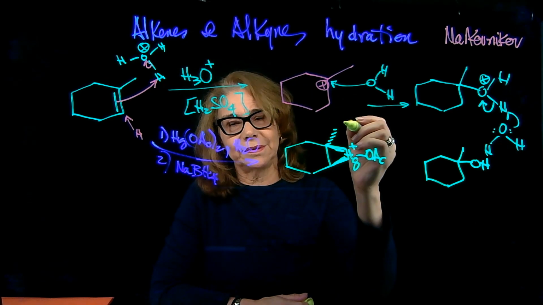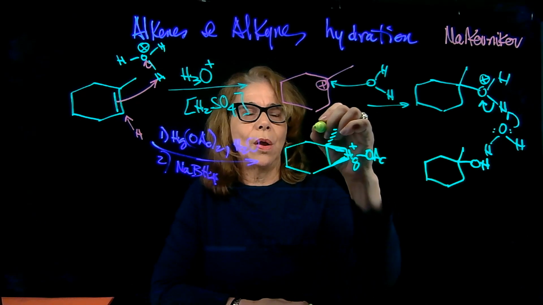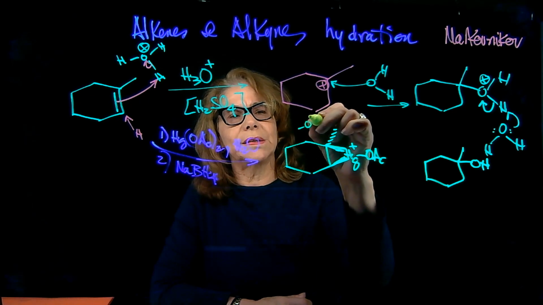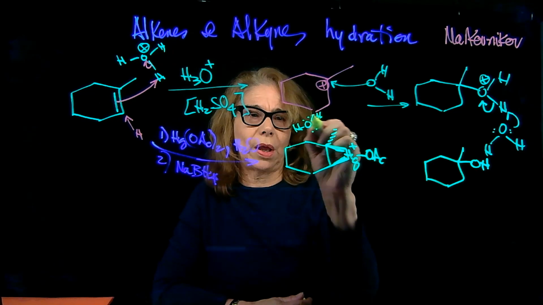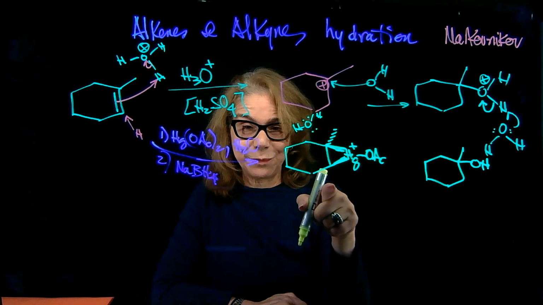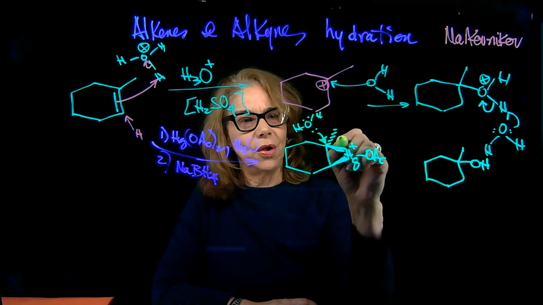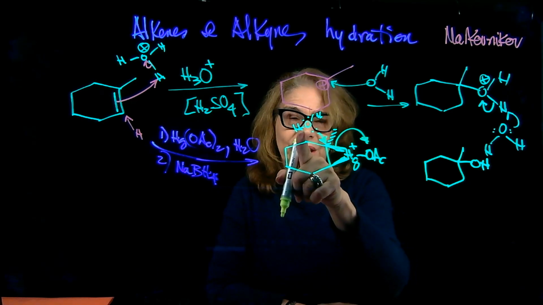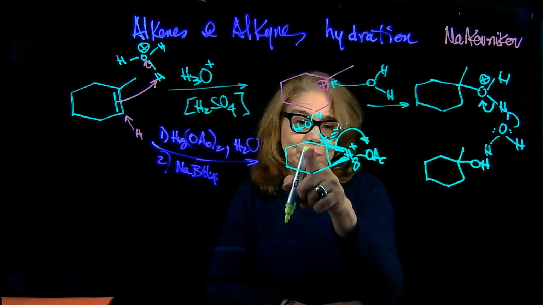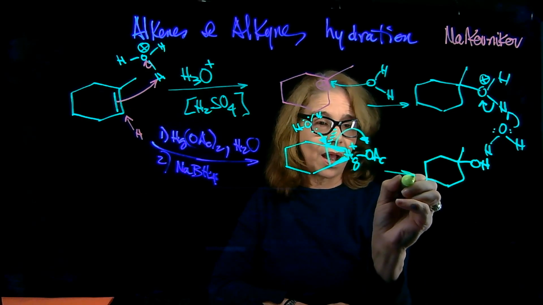The first step is intermediate formation. The second step would be the nucleophilic attack. The nucleophile is water in the case of hydration, and you will have the attack at the more substituted carbon here in your intermediate. So this is your attack. And bottom line, notice that the oxygen is going to be where the carbon was attacked. So you get the same alcohol.